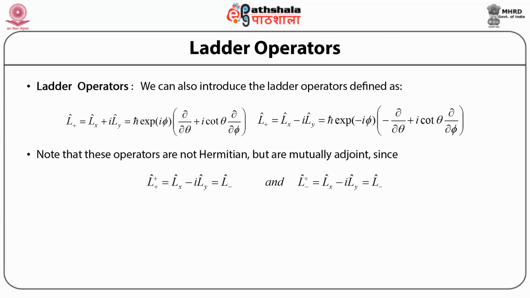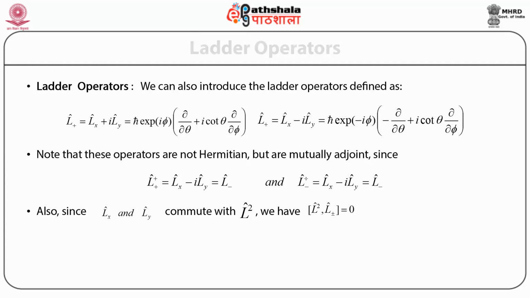And similarly, the operator L minus dagger is equal to operator Lx plus iota times operator Ly, which is in turn equal to operator L plus. Also, since operator Lx and operator Ly commute with operator L square, we have the commutator of operator L square with the ladder operator L plus minus is equal to 0.